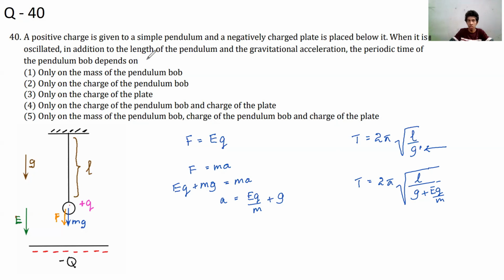Therefore, in addition to the length and the gravitational acceleration, the periodic time depends on the mass of the pendulum bob, charge of the pendulum bob, and charge of the plate. Therefore, the correct answer is the fifth.